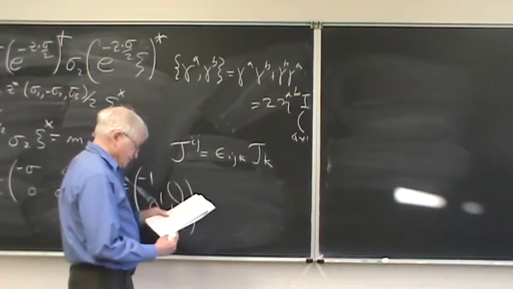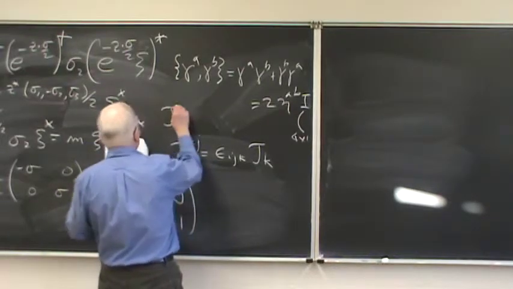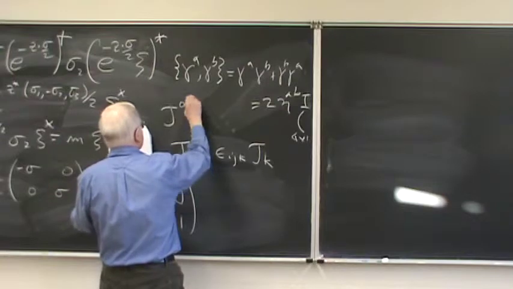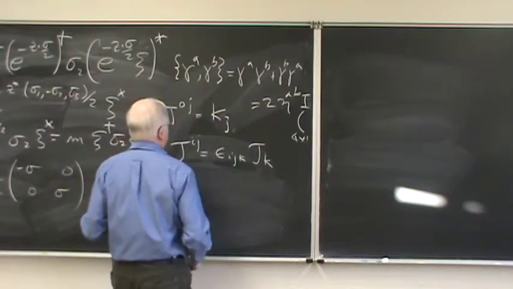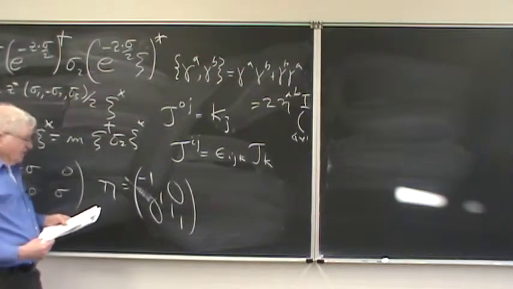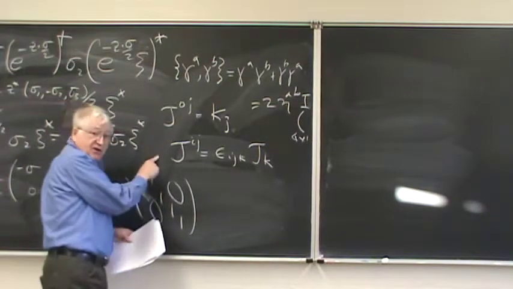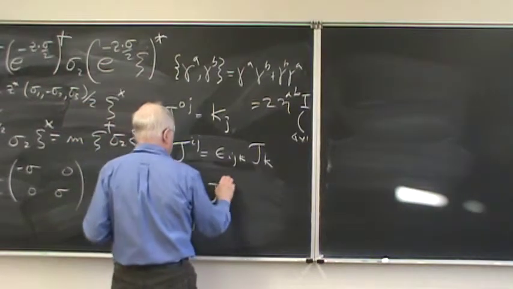And here's the remarkable thing, and we're going to take the boost operators, we're going to call them J_0j, and I'm going to call that just K_j. All right, now here's the remarkable thing. These are the 6 generators of the Lorentz group. And we can write them in this way.